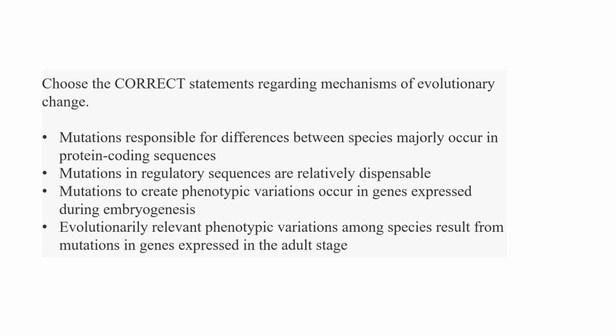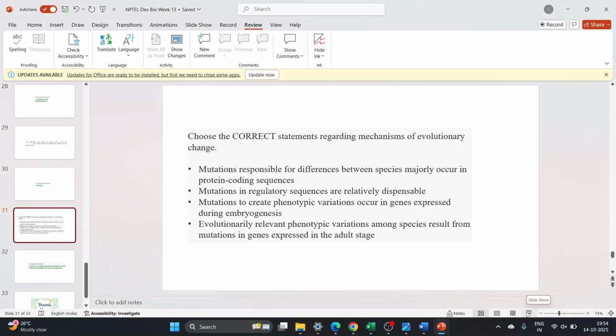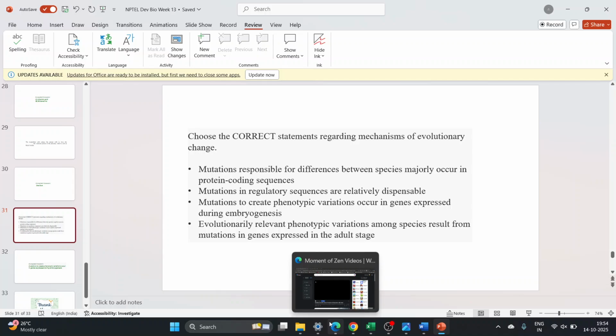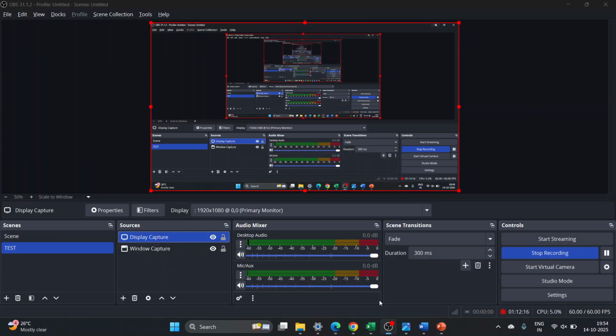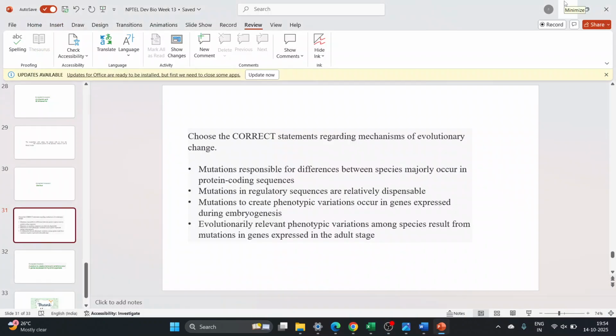Regulatory sequences are non-coding sequences, and they are also very much important. So they become indispensable, not dispensable. Any mutation in the regulatory sequences might create problems in the major working of transcription. So it is an indispensable part.